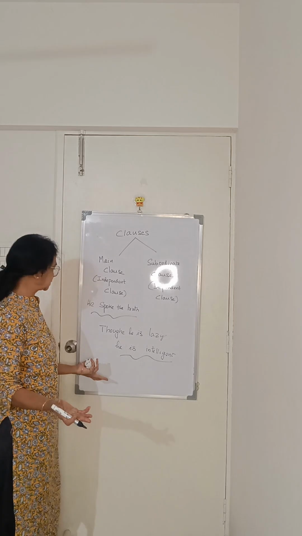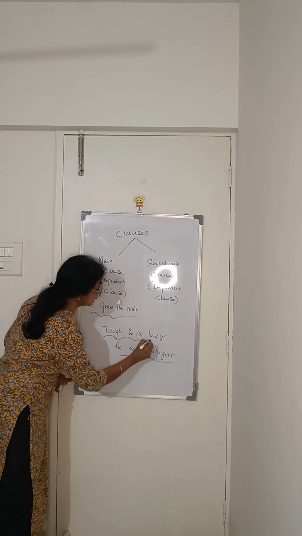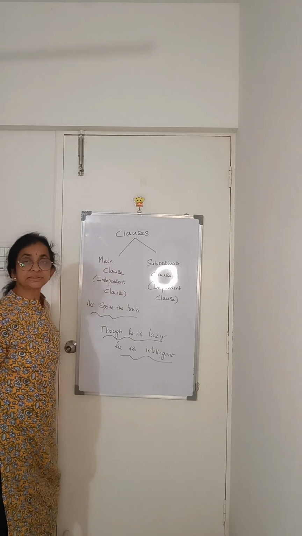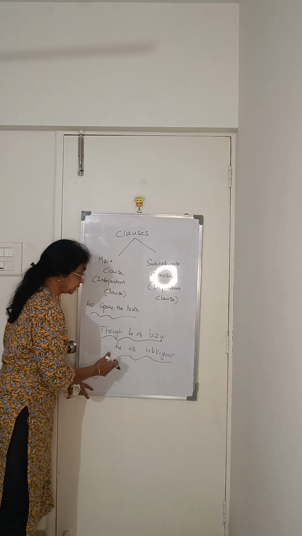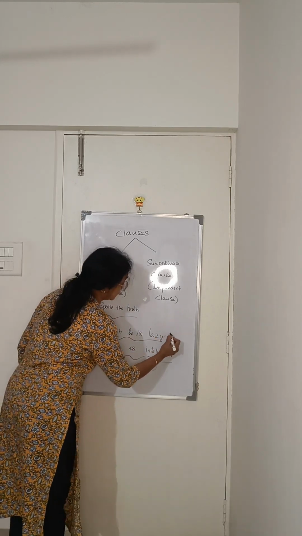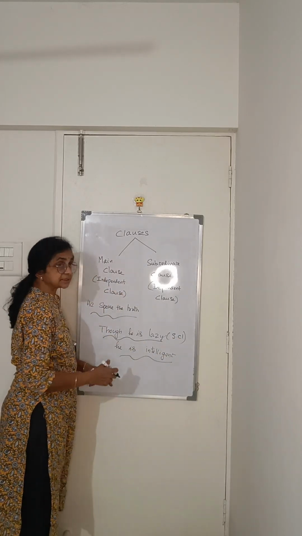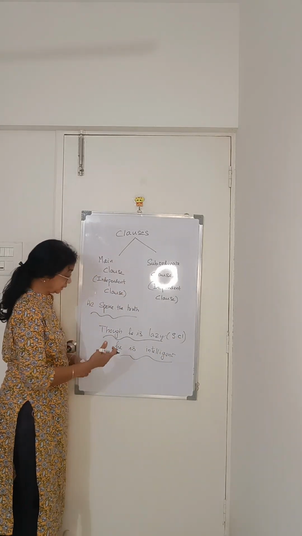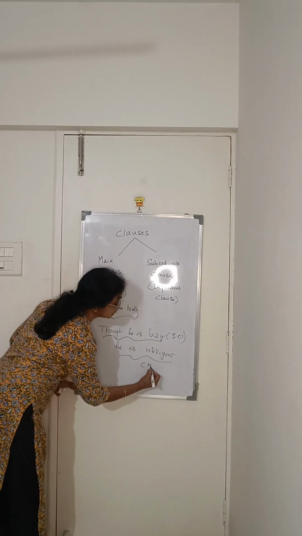It does not depend on anything. Though he is lazy, what next? Though he is lazy, he is intelligent. So here, though he is lazy is the subordinate clause, because we ask what next. He is intelligent is the main clause.